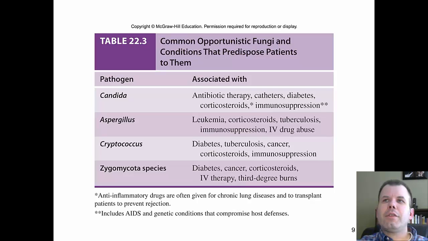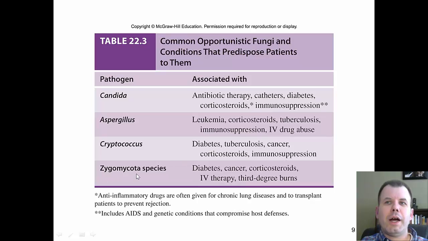Okay, now some of the opportunistic ones include Candida, which is the yeast infections, and can be affected by antibiotic therapy, catheters, diabetes, sometimes steroids, and immunosuppression. Aspergillus is another kind of fungus that is associated with some of these, and corticosteroids weaken the immune system, which is why. Cryptococcus is another one we see with diabetes, tuberculosis, cancer, and immunosuppression, so HIV.